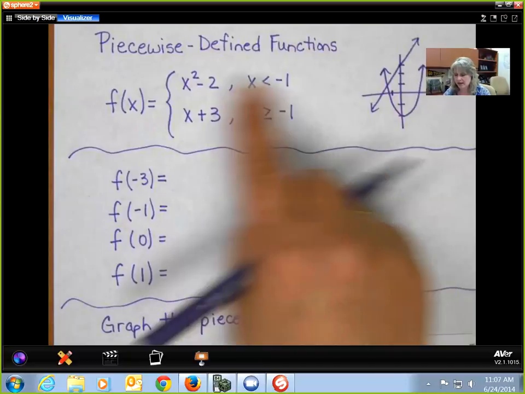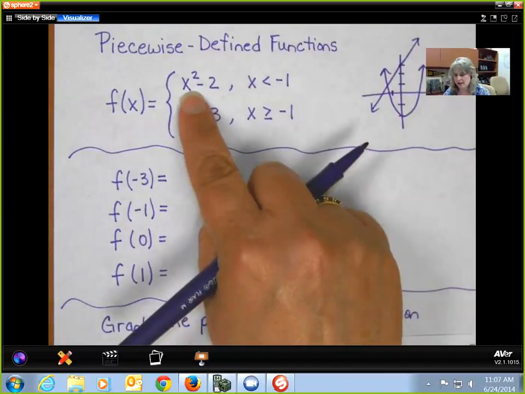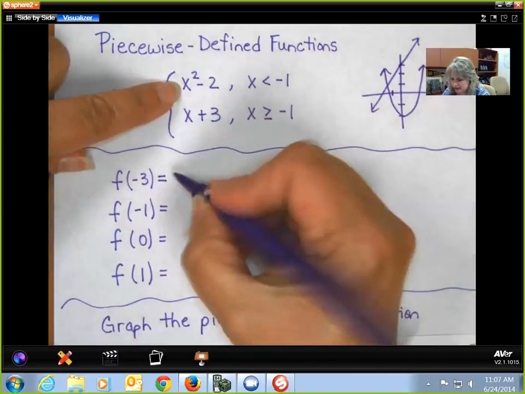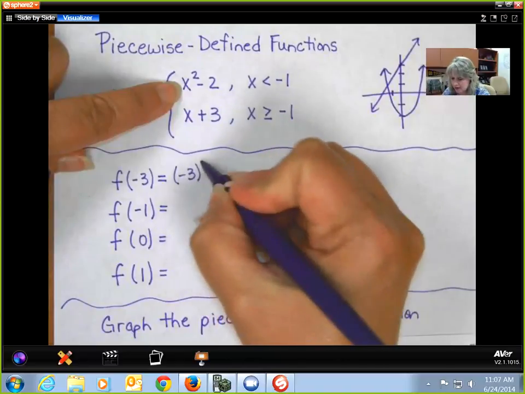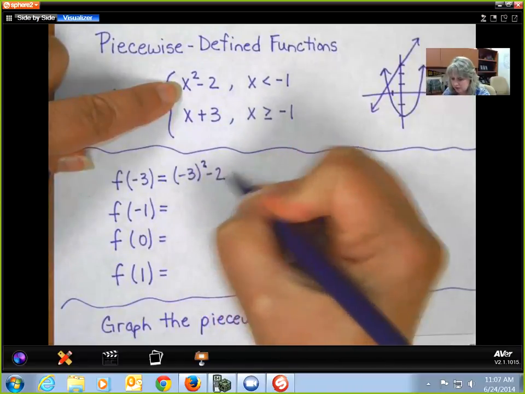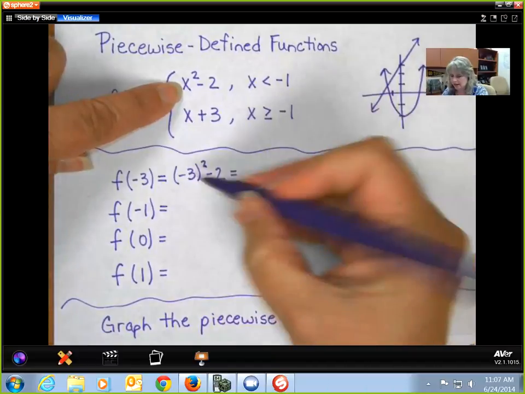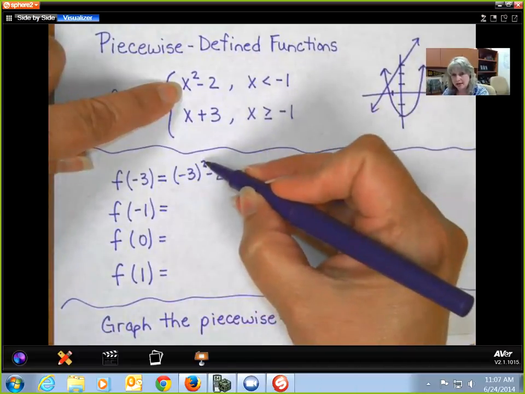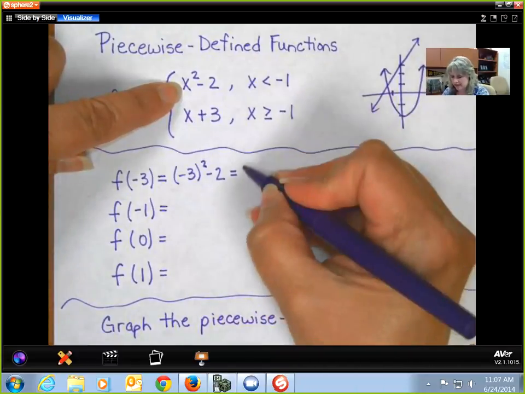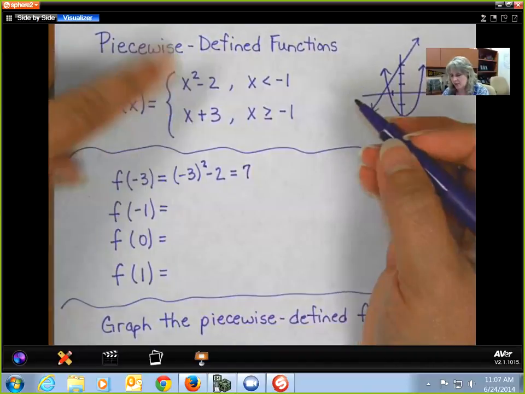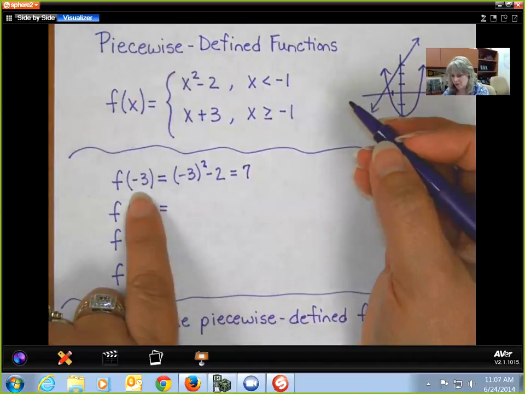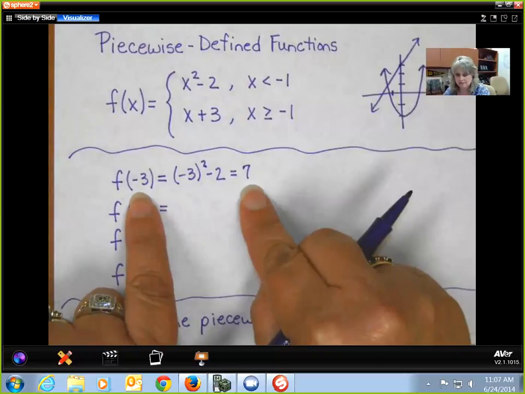So we're going to put negative 3 in place of this x right here. So we're going to have negative 3 quantity squared minus 2. Well, of course, negative 3 quantity squared is 9. 9 minus 2 would be 7. So when x is negative 3, the y value is going to be 7.